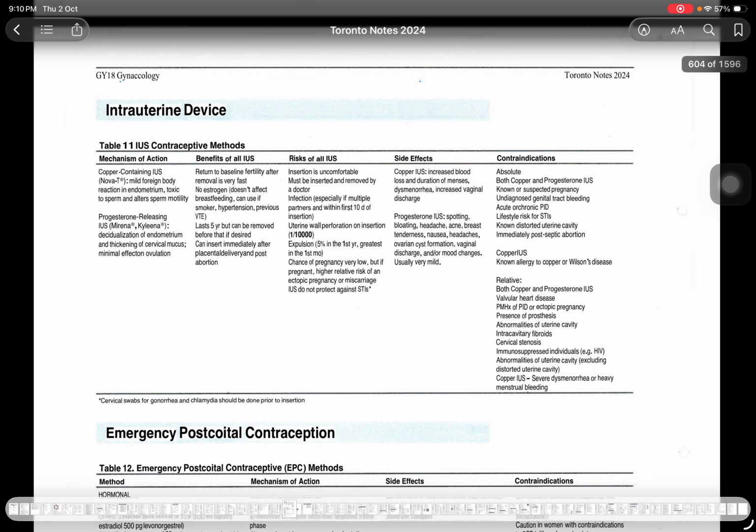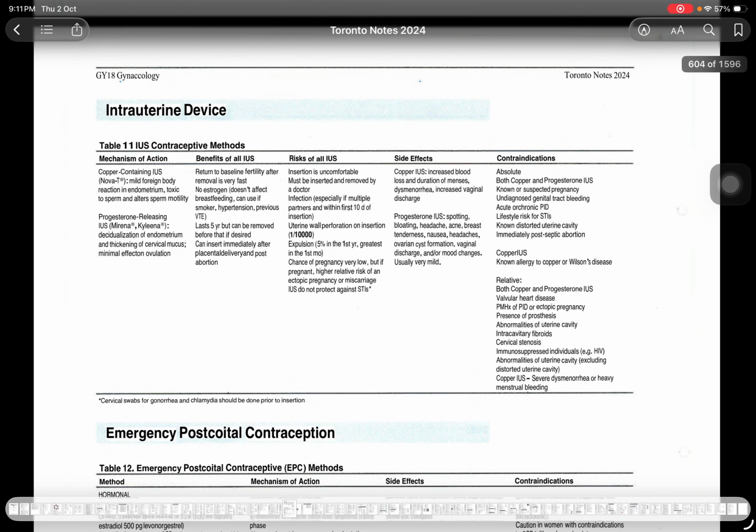I've seen patients who right away get their IUDs in after they deliver a baby, and even post-abortion they can get it. The risk of all IUS is similar, the benefits are similar, but the side effect profile is different for, let's say, the progesterone intrauterine system: spotting, bloating, headache, acne, breast tenderness, nausea, ovarian cyst formation, vaginal discharge, or mood changes. Why? Because it's a hormone.